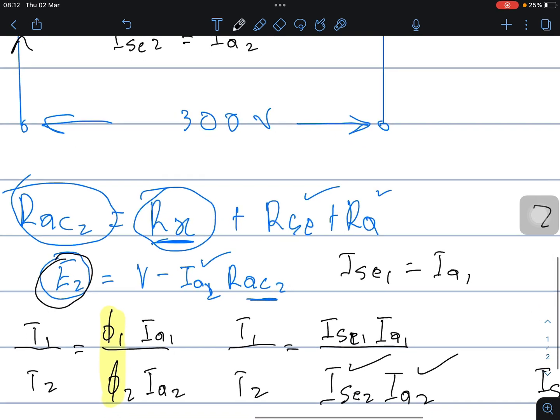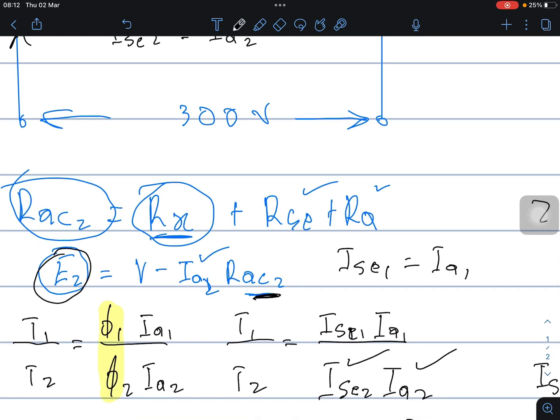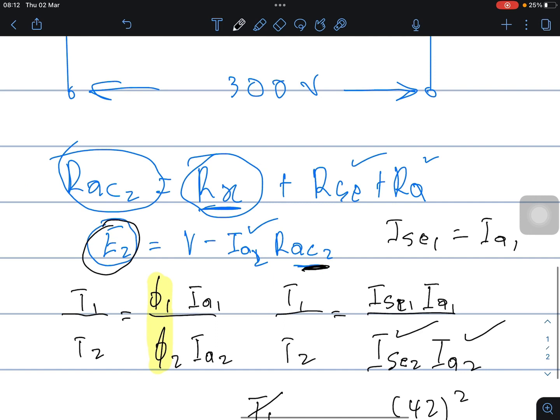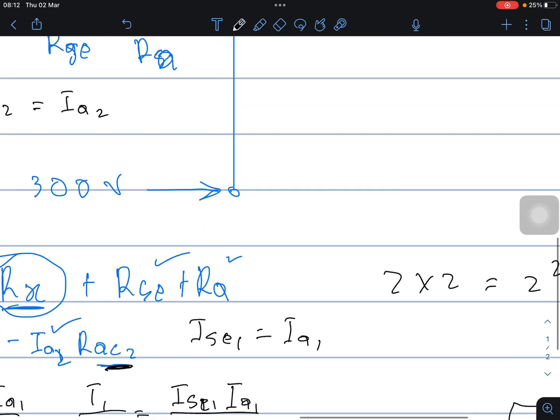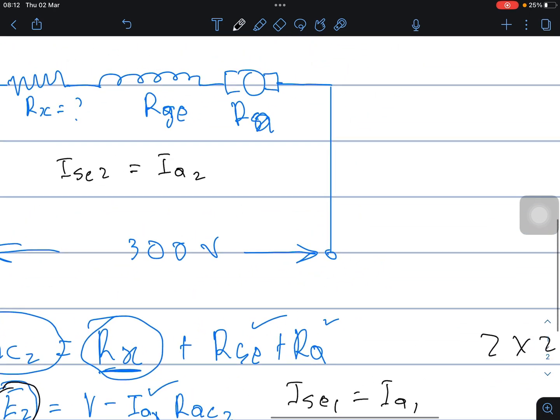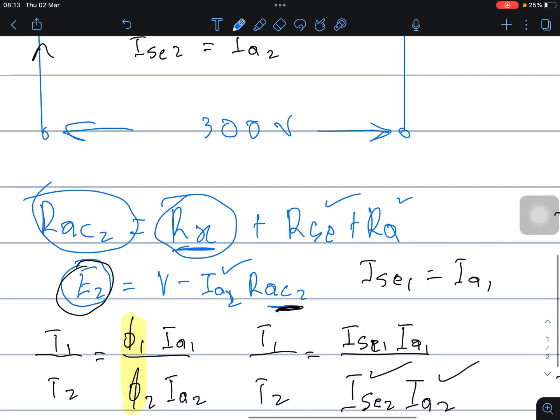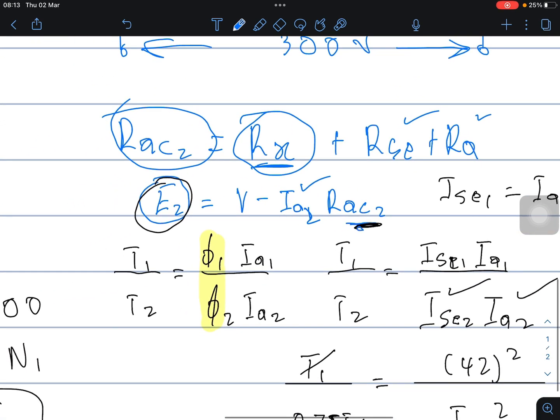Now we can calculate RAC2. Let me substitute again in the formula, making RAC2 the subject of the formula.